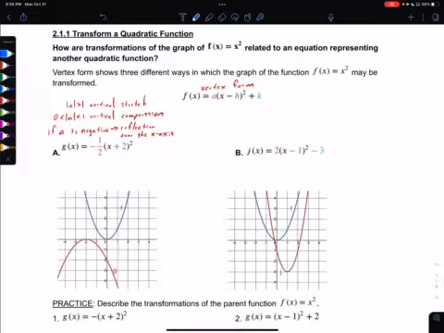All right, now looking at the h value. The h value is the one that's a little tricky. It's backwards. So if we are subtracting h, there's going to be a shift right.